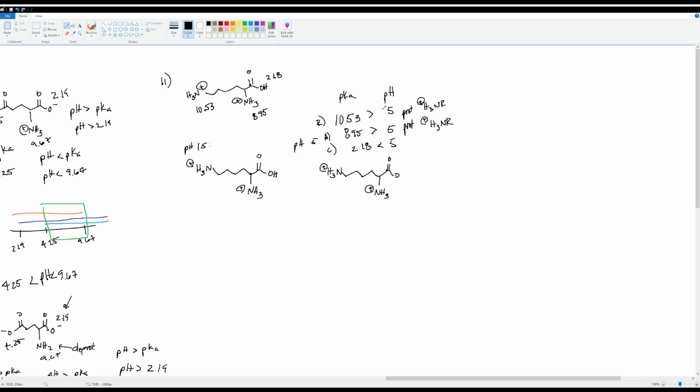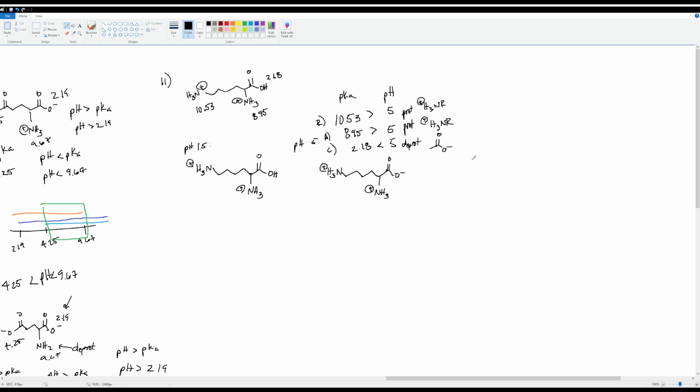Because the pH of 5 is greater than the pKa. So I should have a deprotonated group. Oh, what did I do? Uh-oh. Okay, deprotonated. And so my carboxyl group should look like that. Okay, so this would be pH 5.